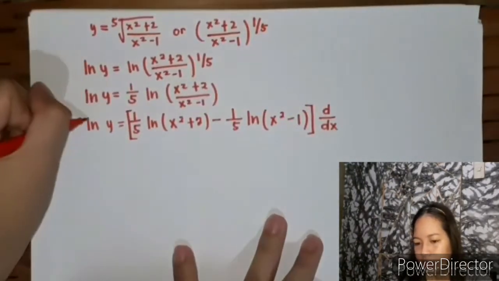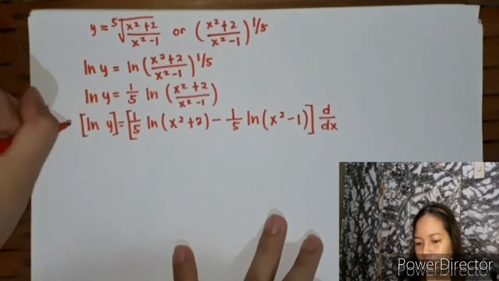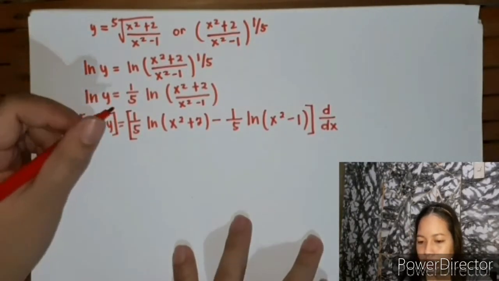Derivative d over dx, then we will put d over dx on the left side also.